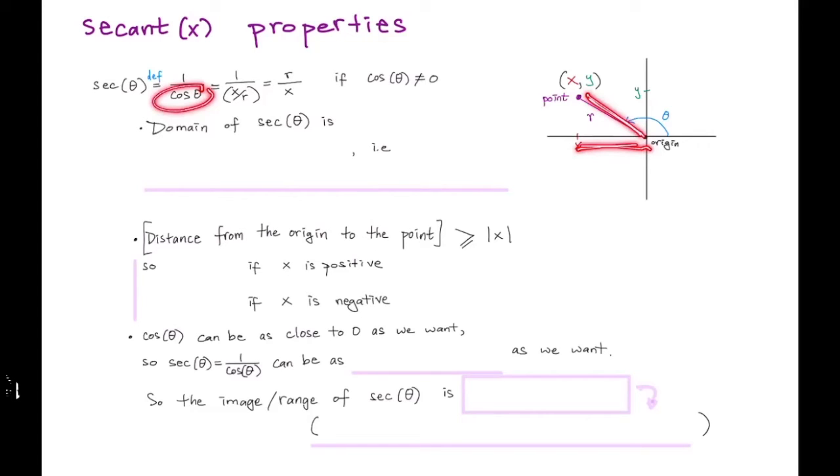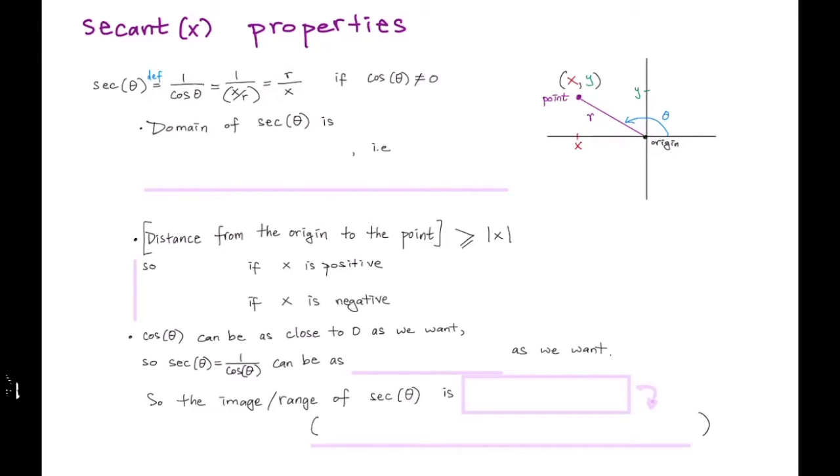So 1 over cosine is r over x, assuming cosine theta is not 0. So the domain of secant is all numbers as long as cosine of that number is not 0.